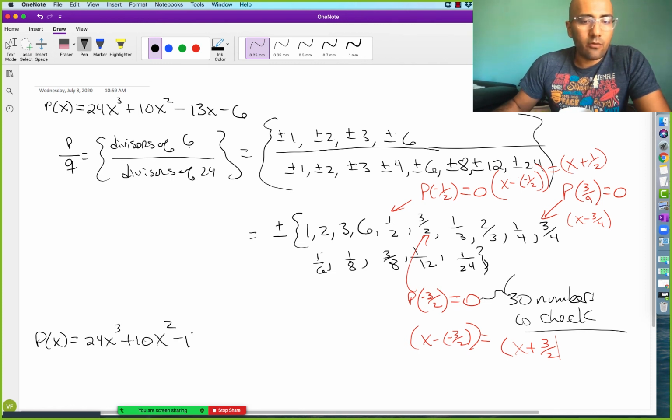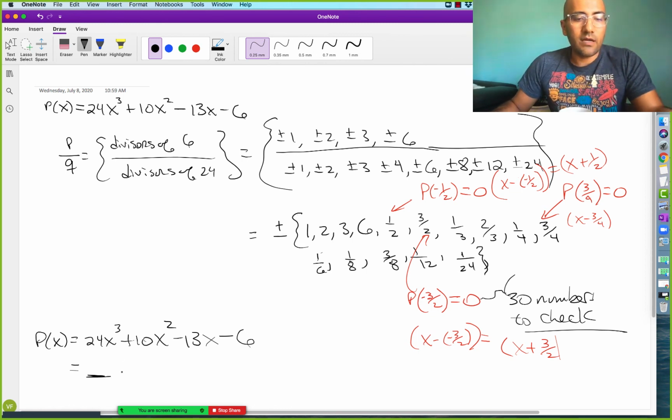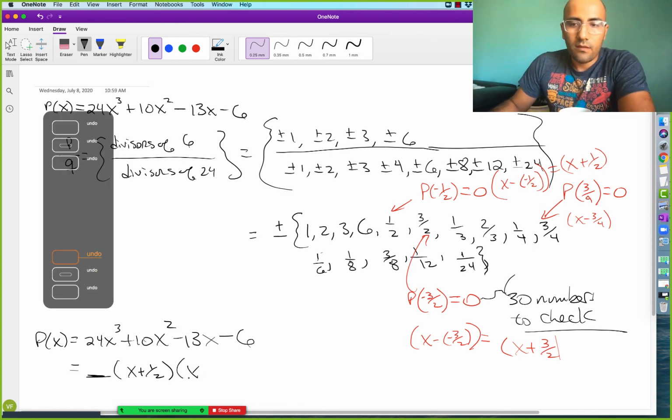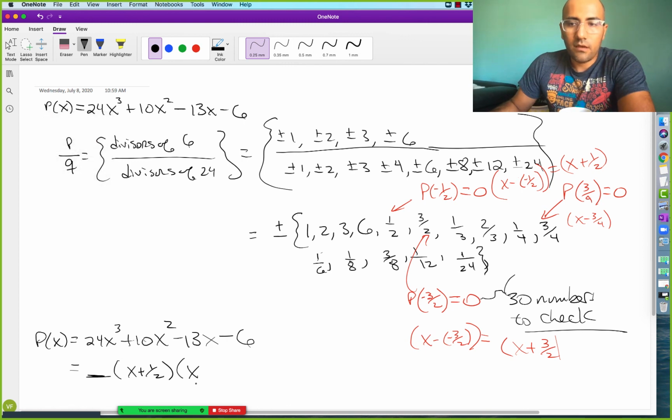10x to the second power minus 13x minus 6 is equal to some constant, to be determined, some constant that goes there, times x plus 1/2 times x minus 3/4 times x plus 3/2.